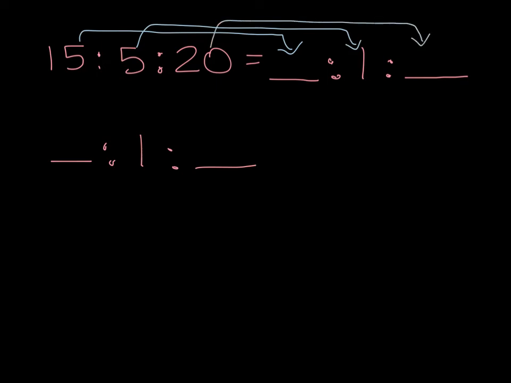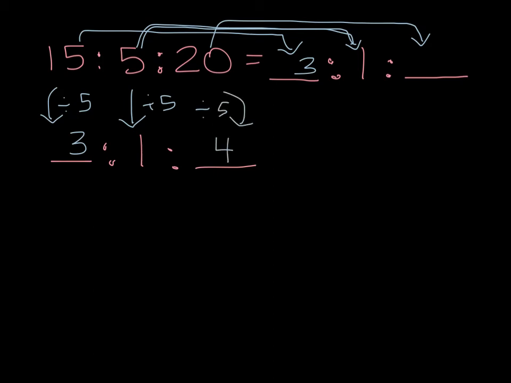And to go from 5 to 1, either this way or this way up here, either way I'm dividing by 5. So to divide my other terms by 5 gives me 3, and dividing 20 by 5 gives me 4. So 3 to 1 to 4 is my final answer.